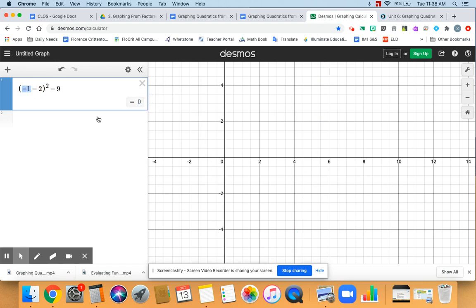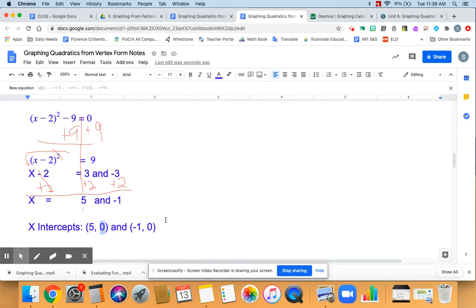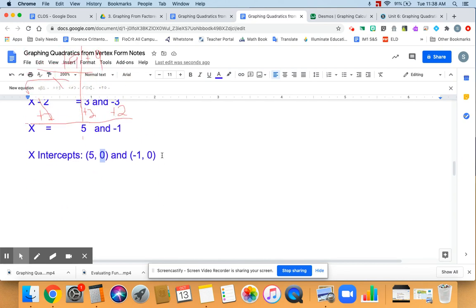And if I put 5 into that x, the answer is also 0. But any other x, like 1, oh look, the answer is not 0 anymore. So those are the 2 x values, negative 1 and 5, that you can put into that x and get out the answer of 0, which is why the y is 0, because that's what we were looking for. So here are our x-intercepts.